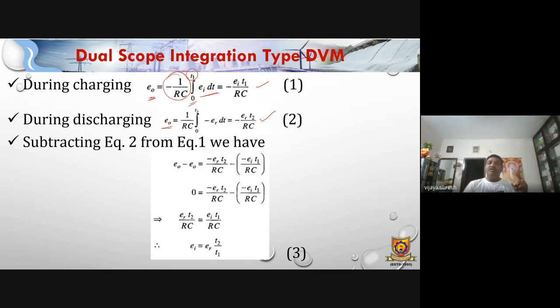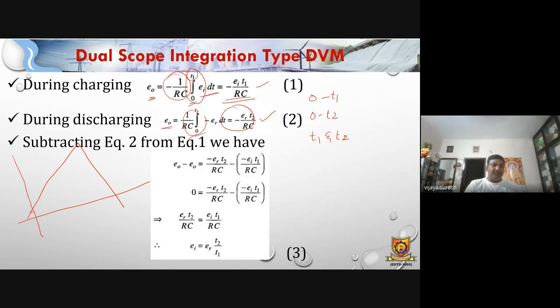Now we are going to subtract these two equations, during charging and discharging, because observe 0 to T1 and 0 to T2. What we need is between T1 and T2. Between 0 to T1 this is the voltage, and between 0 to T2 this is the voltage, so the waveform will be increasing and decreasing.